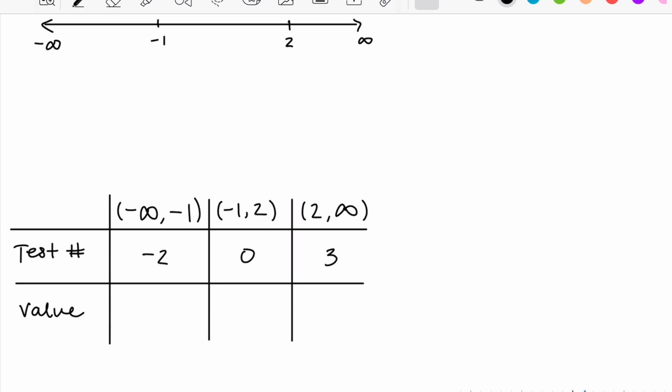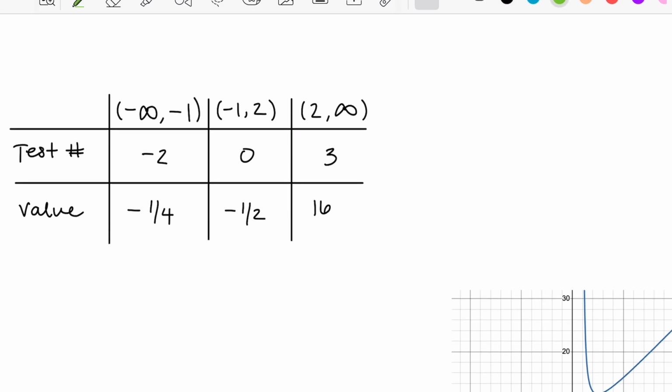So plugging in negative 2 into our expression, we get negative 1 over 4. Plugging in 0, we get negative 1/2. And plugging in 3, we'll get 16. Okay. Now remember, we want to figure out what values make this expression here less than or equal to 0. And so looking at these outputs here, it looks like this will be less than or equal to 0 in this interval and this interval here.